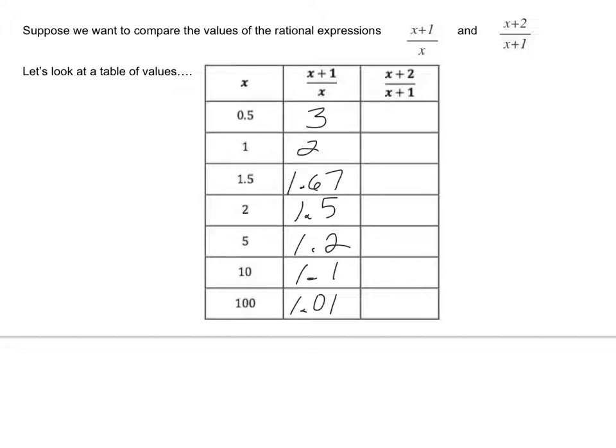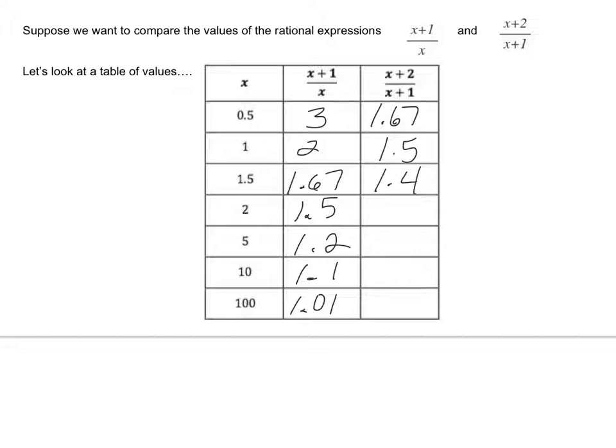0.5 plus 2 over 1.5 gives us 1.67. 3 divided by 2 is 1.5. So let's see, 3.5 divided by 2.5 is 1.4.